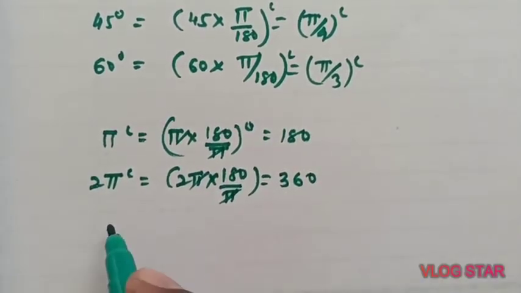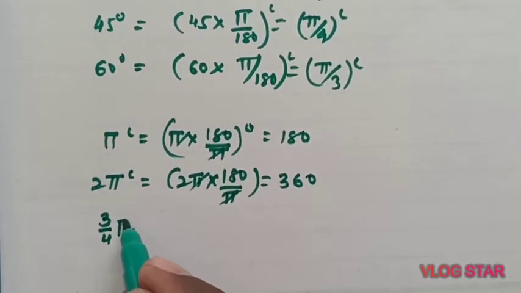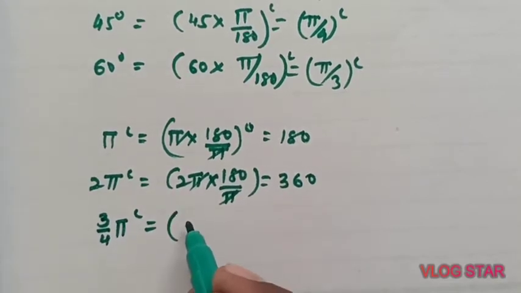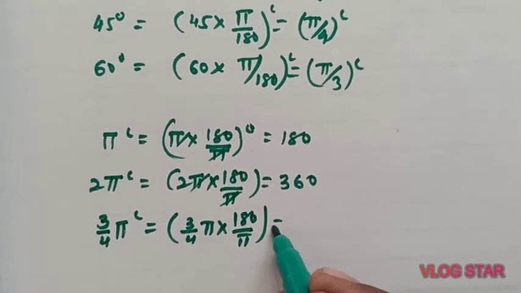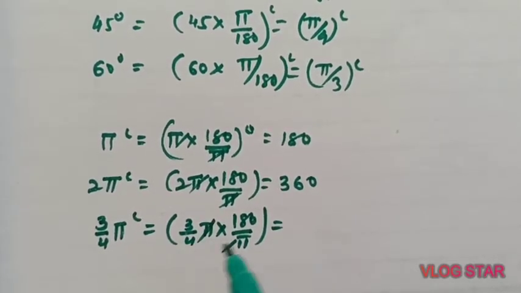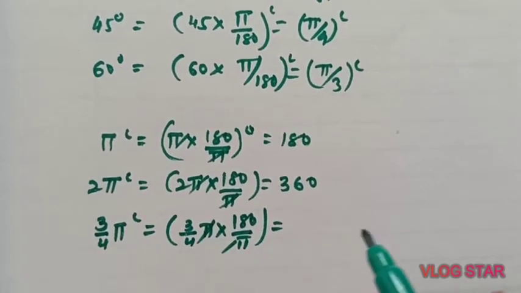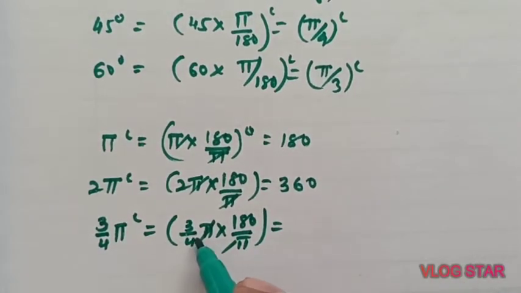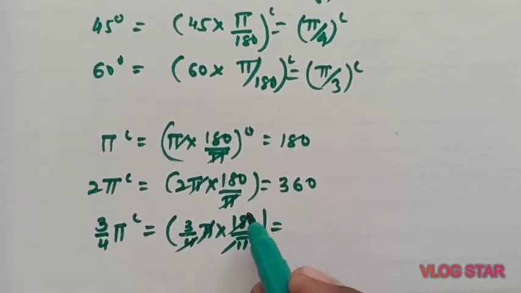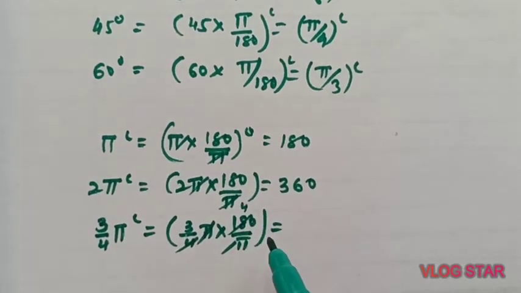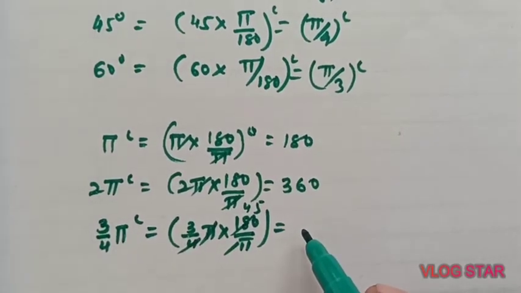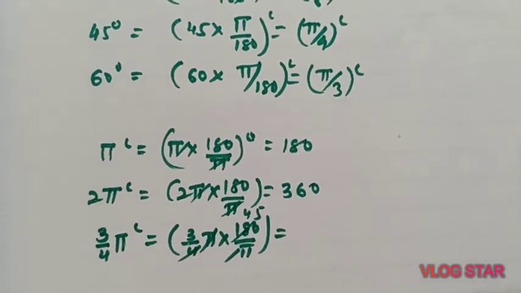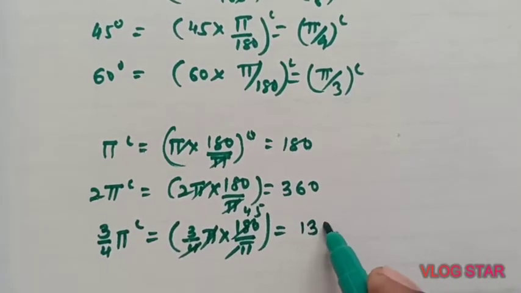Similarly, for any angle, say 3 by 4 pi radian is taken, 3 by 4 pi into 180 by pi. So what will you get? Pi cancels, then 45 3 times, so how much? 135.